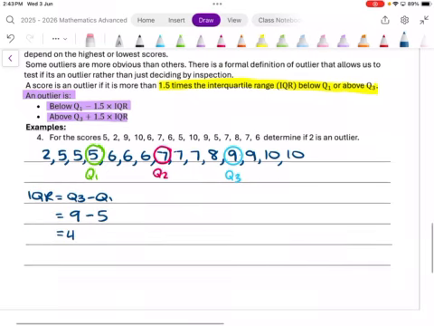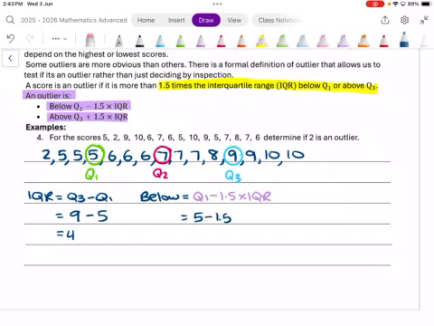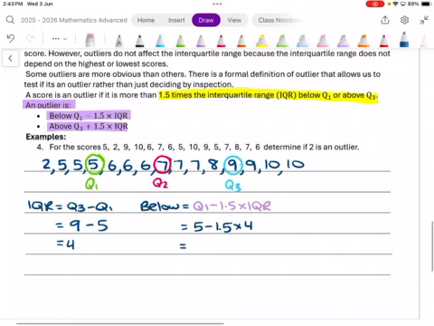Okay, so what we do is it is below when we have our Q1 minus 1.5 times our IQR. Okay, so that is our 5 minus 1.5 times 4. And when we put that into our calculator, we get -1.